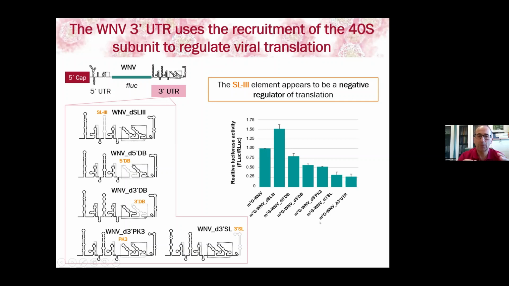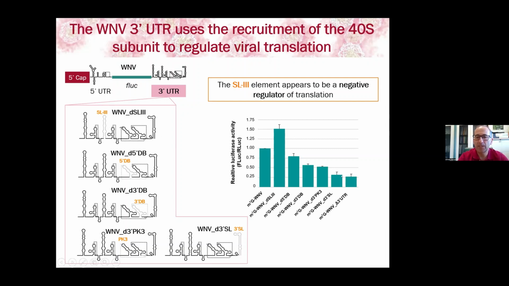So basically, with this experiment, we can conclude that the 3' UTR of West Nile virus seems to use the recruitment of the ribosome at the 3' UTR as a mechanism for regulation of translation. It's also interesting that we included in this study a deletion of this last structural unit, the 3' SL, which is this one.